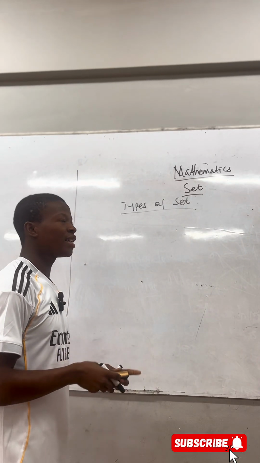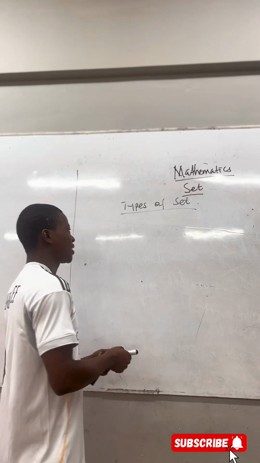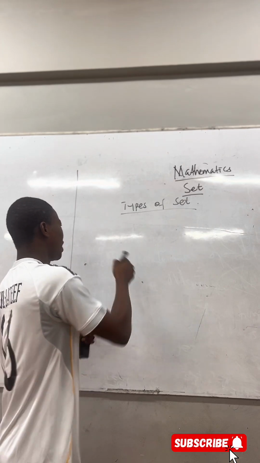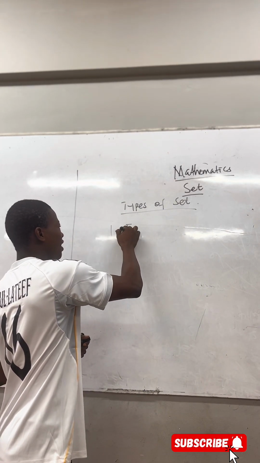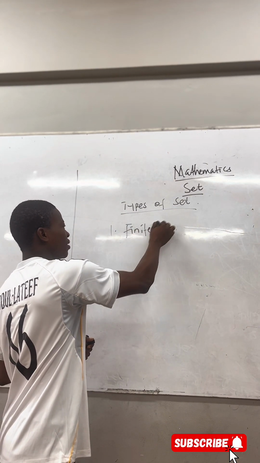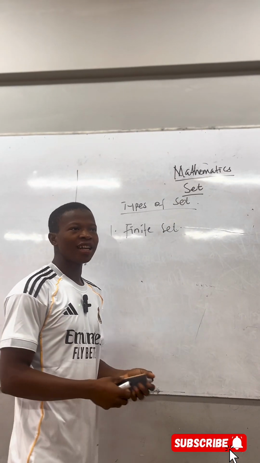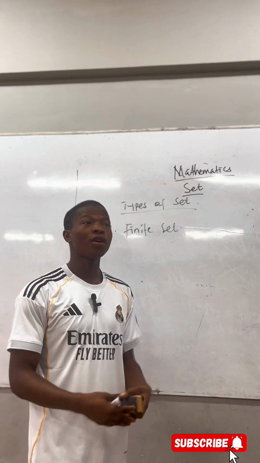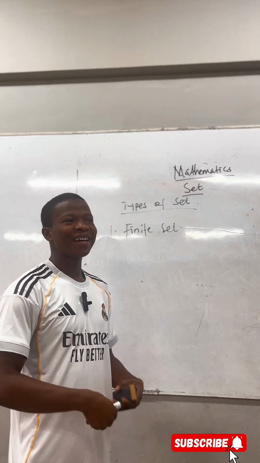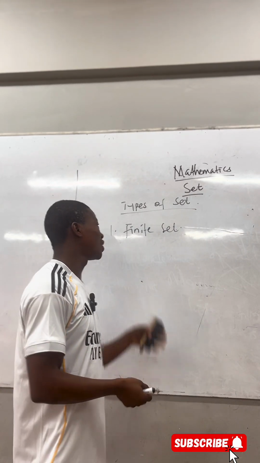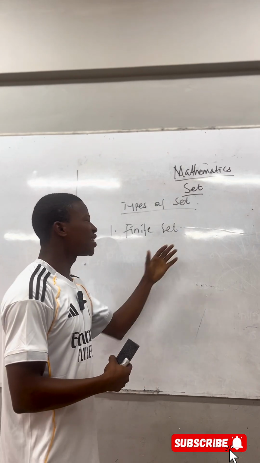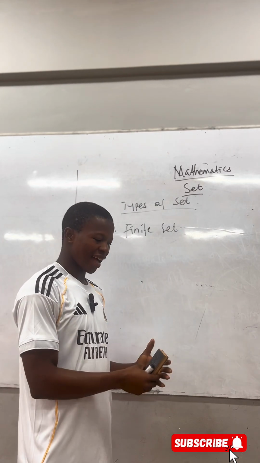The first type of set we can have is a finite set. So this is a finite set, and it's a set that has an end.